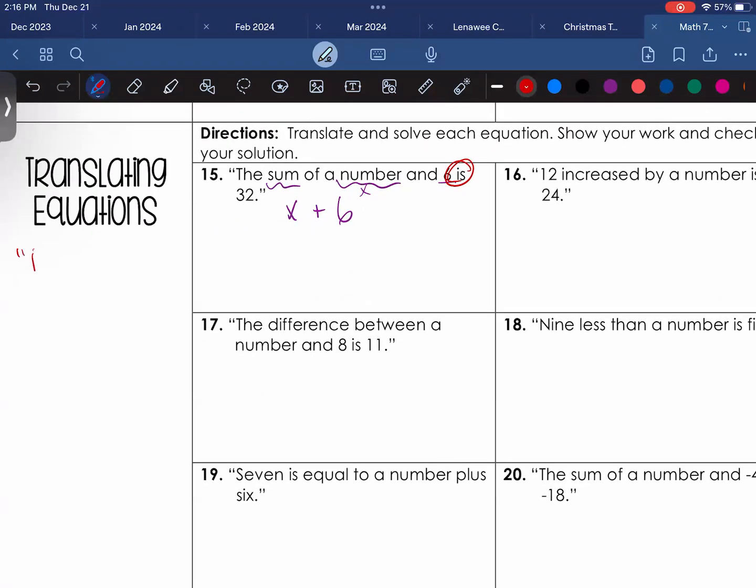When you see the word is, that just means equal or equals. So x plus 6 equals or is 32. Now we can solve. So that's a positive 6 or a plus 6. So we will subtract 6 from both sides of our equation, and we get x equals 26.